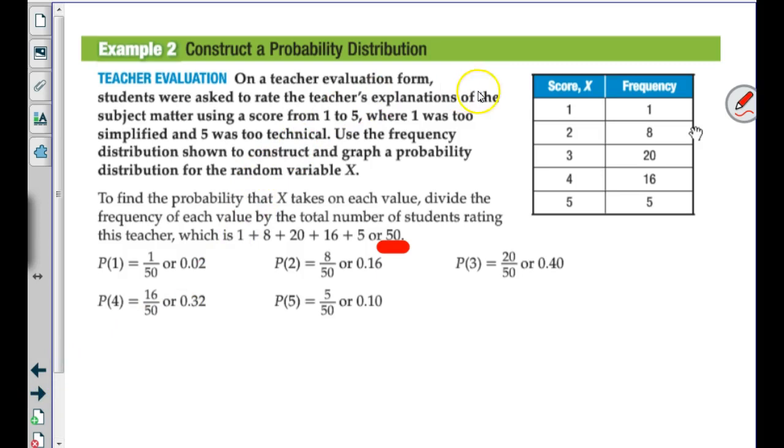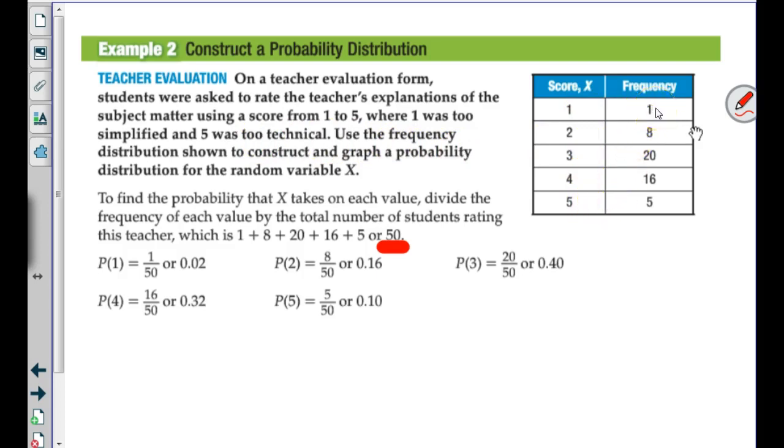What it does, though, is usually work with a frequency table. Are you awake, guys? You've got to know frequency here, okay? It says, on a teacher evaluation form, students were asked to rate some teachers' explanations from 1 to 5, where 1 was too simplified and 5 was too technical. So the score was 1 to 5.